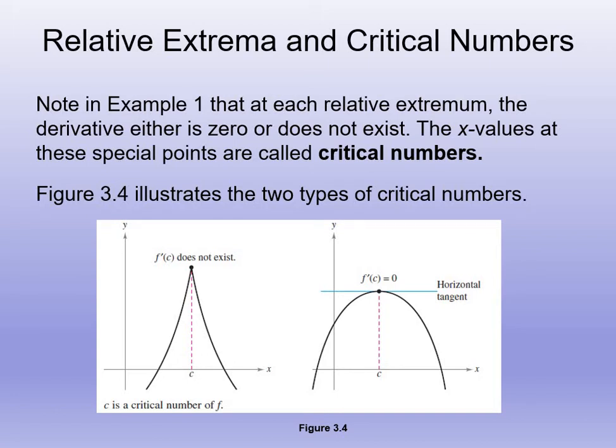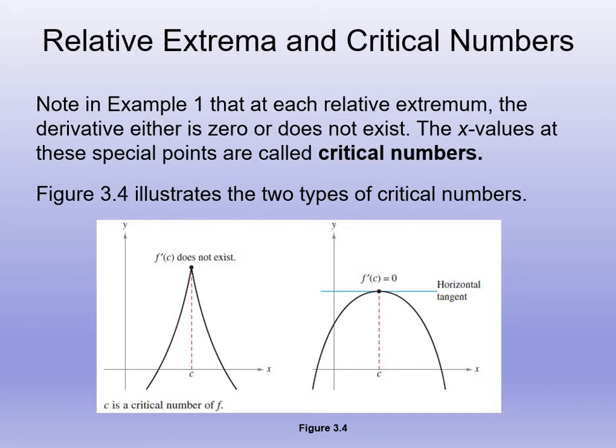But it's still a critical number, so we could potentially have a maximum or a minimum there. On the graph on the right, C is a critical number because f prime of C is 0 there: a horizontal tangent line, our slope is 0, and we have a maximum or a minimum there.